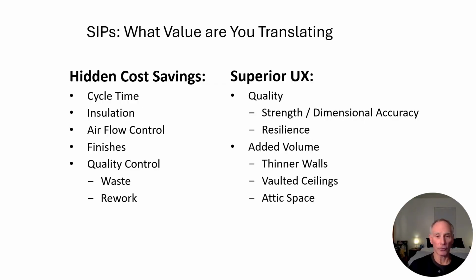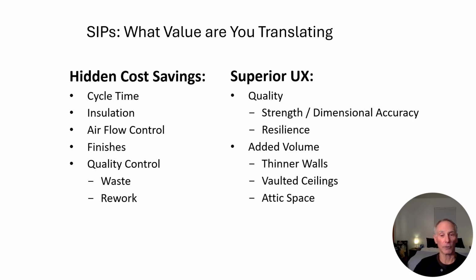So when you add this all up and look at what value you're translating, you have all these hidden cost savings related to cycle time, all the insulation you don't have to install, all the airflow control you don't have to install, the less work with finishes, the additional benefits of quality control on reducing waste and rework.